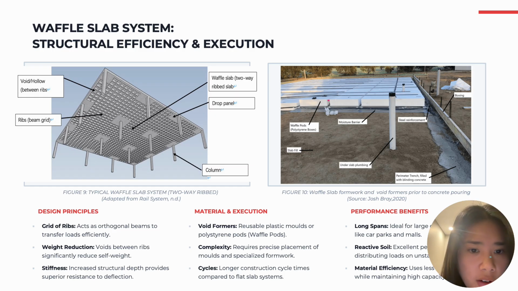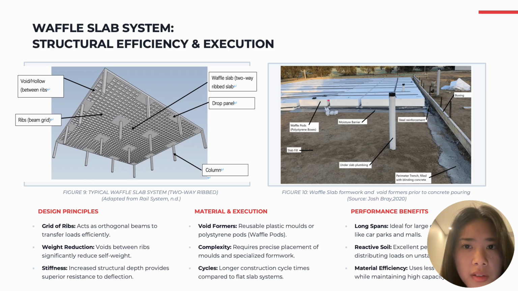This is the waffle slab system. As shown in the diagram, it consists of a grid of ribs in two directions. The voids reduce the self-weight of the slab, while maintaining structural strength. The increased depth improves stiffness and reduces deflections.